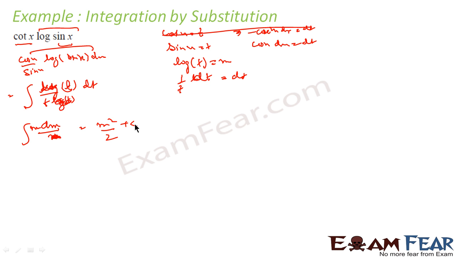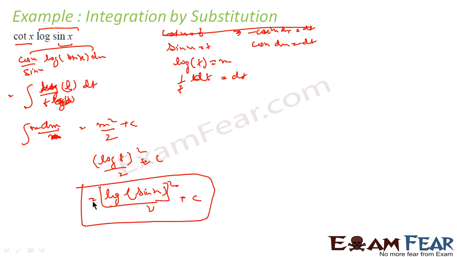What is the value of m? M is nothing but log t. That becomes log t whole square by 2 plus some constant, correct? And what is the value of t? T is nothing but sin x. That becomes log of sin x, the whole thing squared, by 2 plus constant. And that is my answer.